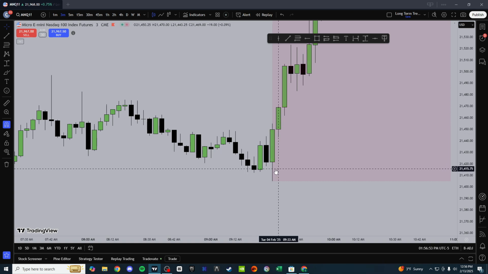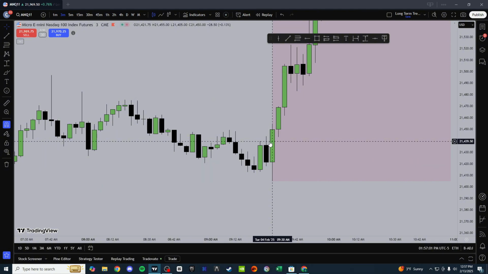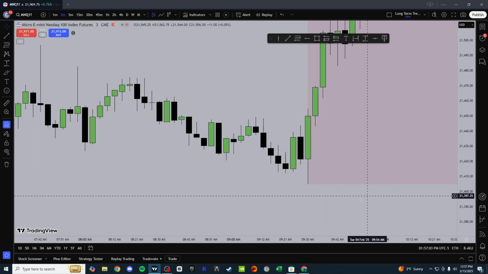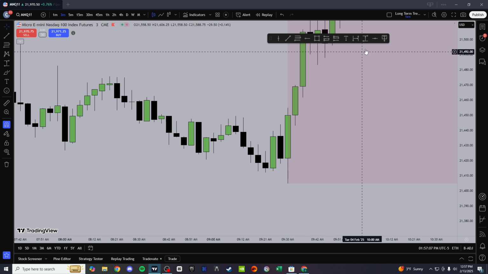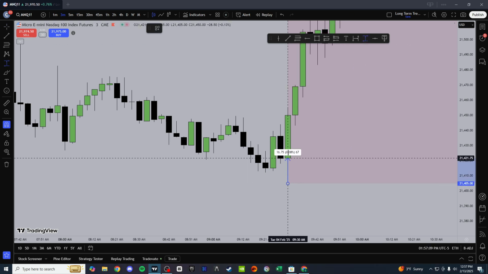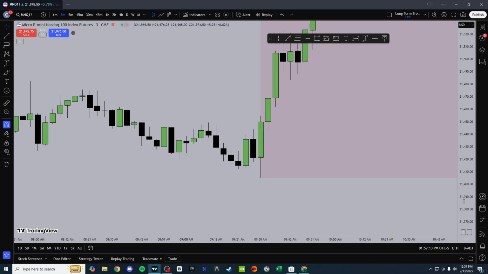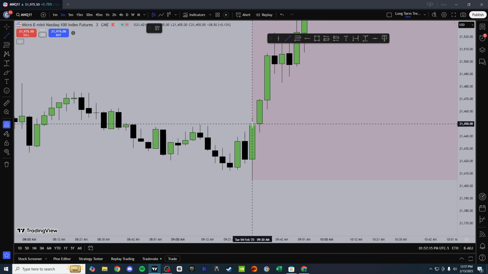So that's what I'm looking for on my bullish engulfing entries. I want to see bullish engulfing, so it closed above the body, and then I want to see the top wick be smaller than the bottom wick. So the bottom wick here is 16.75. This one's 5. So this is my entry right here.